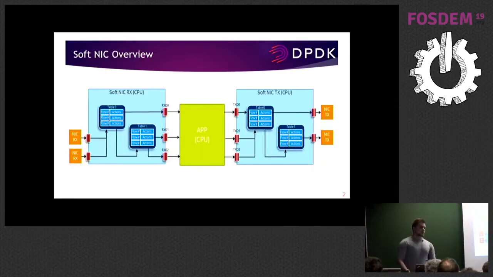So a quick overview of SoftNIC. It's a DPDK poll mode driver. That means it's easy to use with any application. All you have to do is add the --vdev option in the CLI for your application, and that'll spin up a virtual device, being your SoftNIC, and you pass what we call a firmware script. So it's just a configuration script as a parameter with that --vdev option.